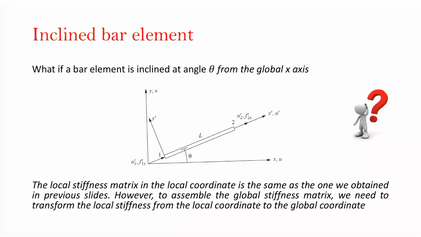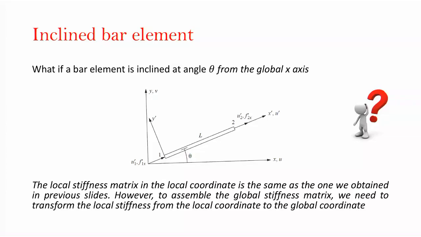The thing is, we need a transformation matrix to transform the local K-matrix. We're still able to use the previous element K-matrix, the 2x2 K-matrix that we got in the coordinates x prime and y prime. But if we want to know the components of the K-matrix in the global x and y coordinates, that would be another story.